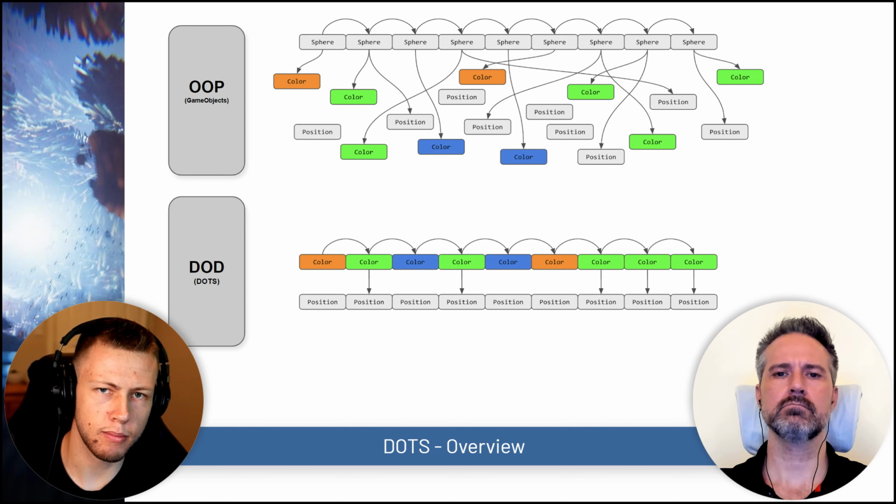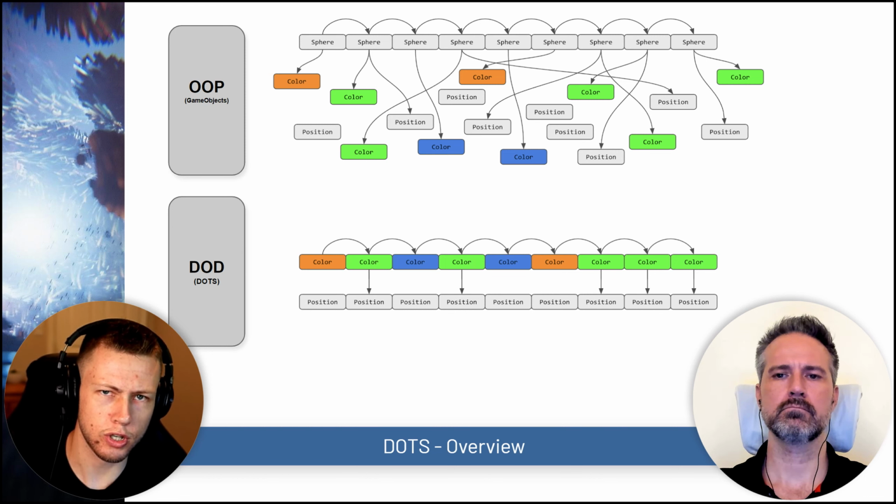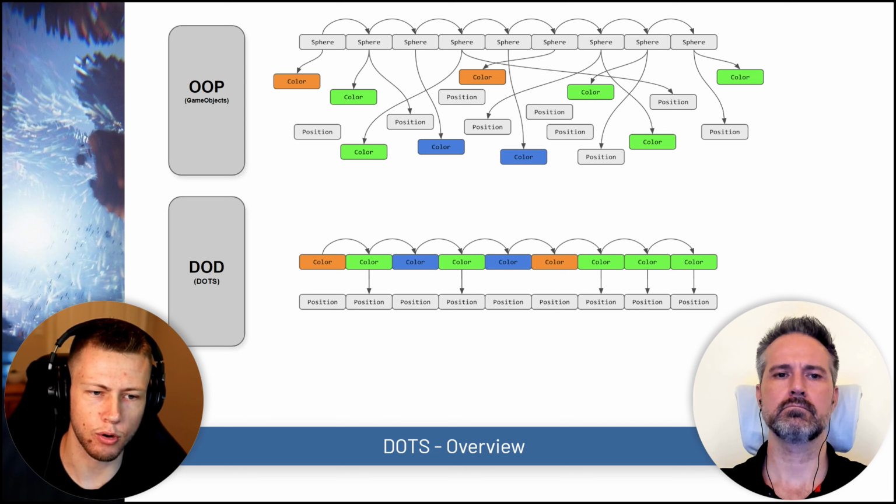The one major issue with object-oriented programming is it's really reference-based. As you can see in this diagram here, we have, say, these game objects that have all these different things associated with them. Maybe they have colors and positions and things of that nature. This screenshot is demonstrating how the memory layout of these things might look. And you can see that things are all scattered all over memory.